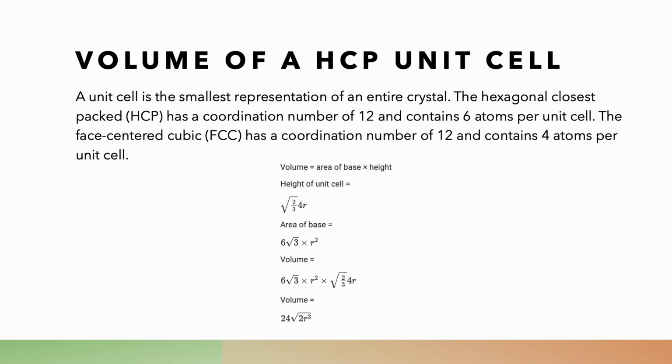A unit cell is the smallest representation of an entire crystal. The hexagonal close packed HCP has a coordination number of 12 and contains 6 atoms per unit cell. The face-centered cubic FCC has a coordination number of 12 and contains 4 atoms per unit cell.